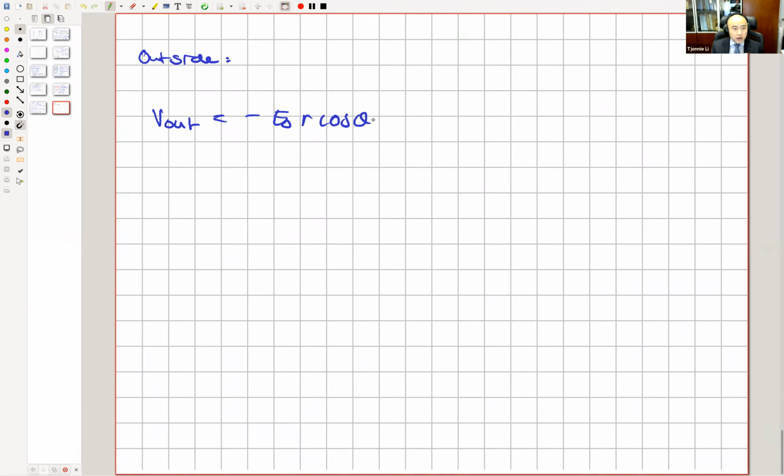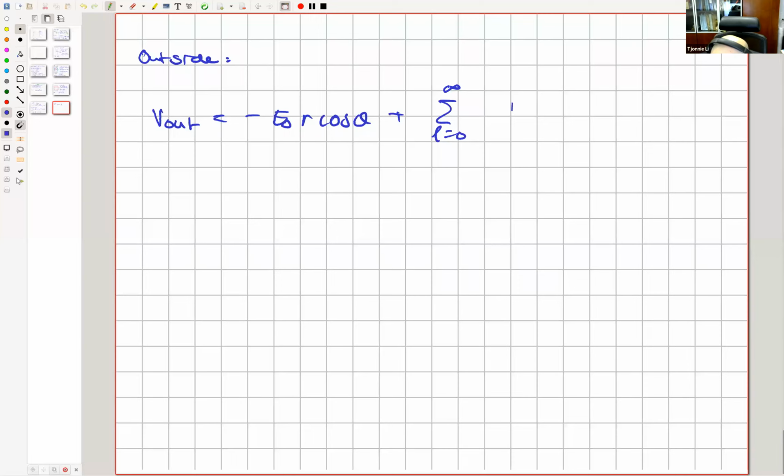There are no other r terms because I know that the Legendre polynomials are orthogonal with each other, so it cannot be some cosine squared or other higher orders that I have here. So for the positive powers, the other A_L's don't exist anymore, but the other series I need to take into account as well, which is the 1 over r ones, which in this case, because I'm not considering the inside of the sphere, I must take into account.